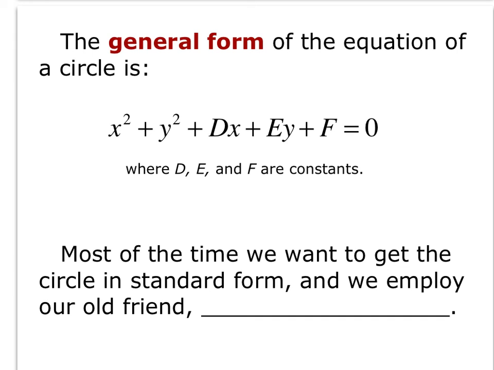Usually they'll be nice values for us to work with. So what we need to do is transform this general form into our standard form equation. Then we can pick out those key features. In order to do that, we're going to use our old friend, which we abbreviate CTS, and that's completing the square.